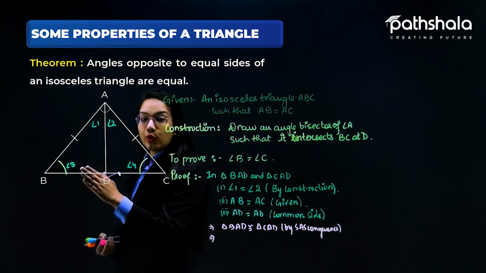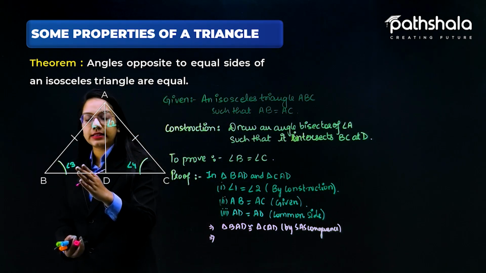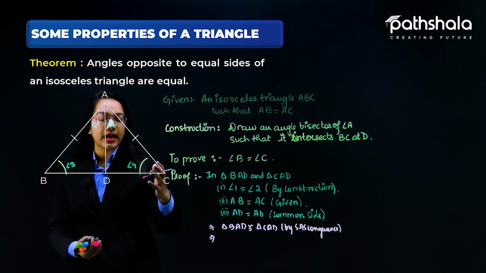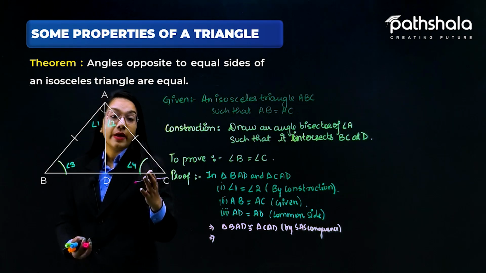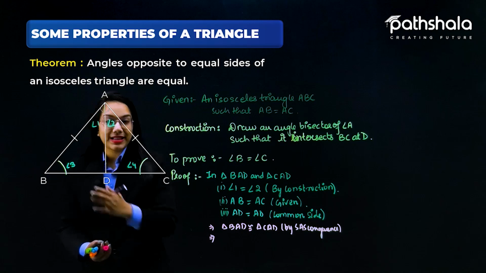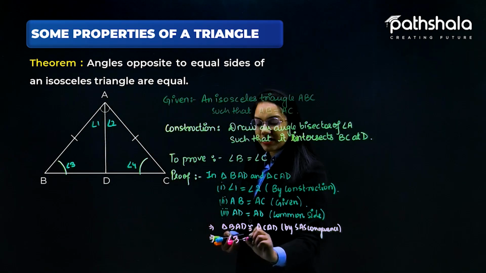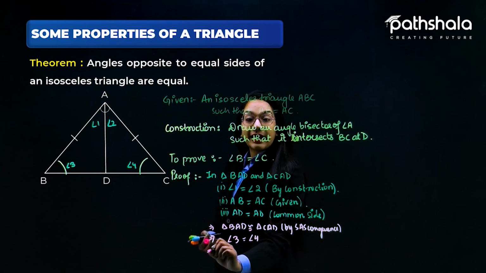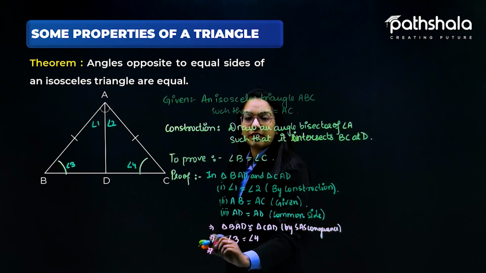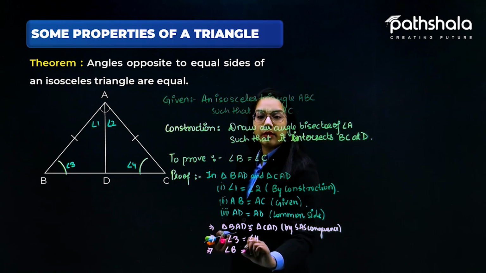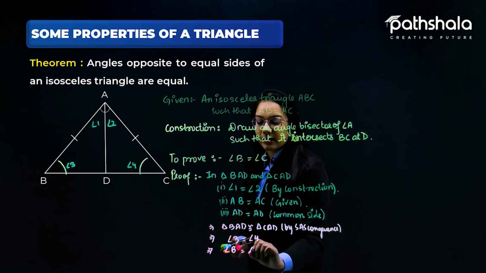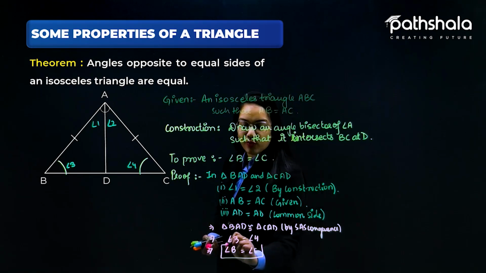So this angle lying in this triangle and this angle lying in this triangle, angle 3 should be equal to angle 4. Angle 3 is the angle B and angle 4 is the angle C, so angle B is equal to angle C. This is what we wanted to prove.